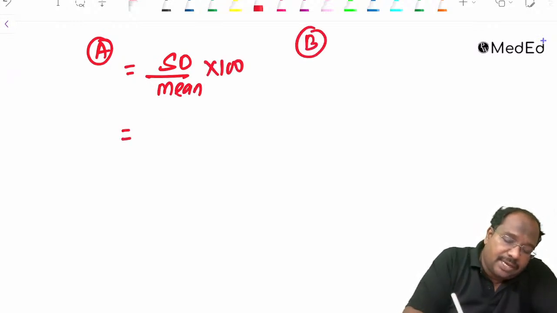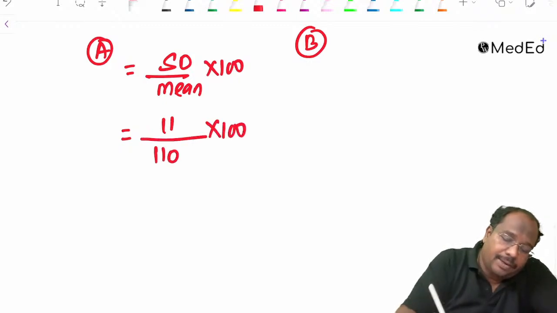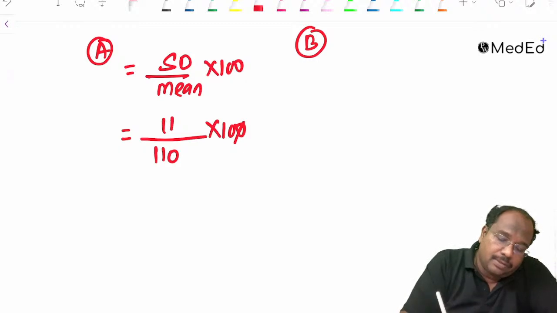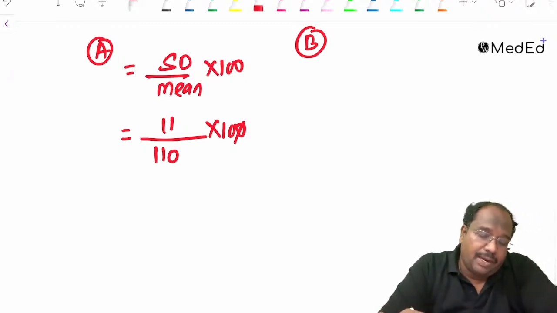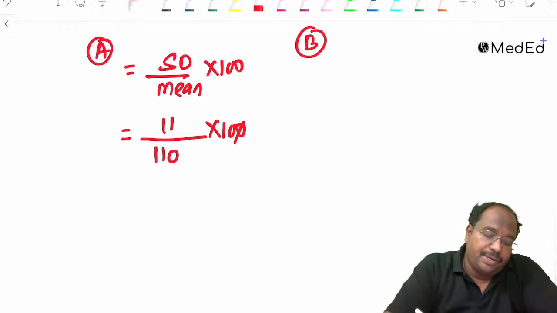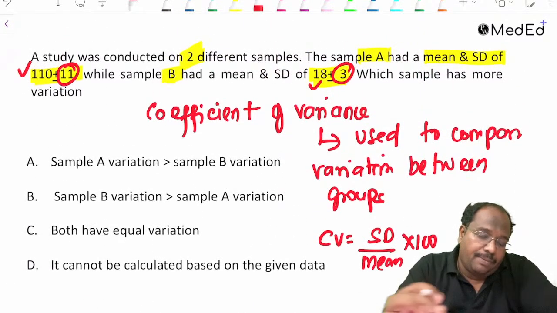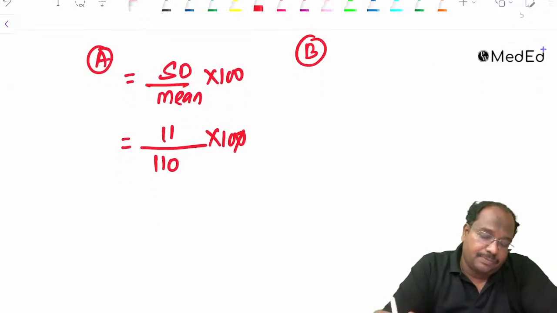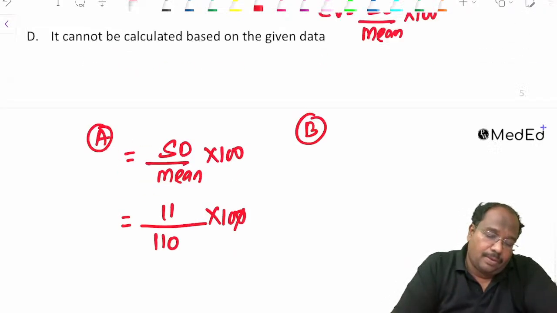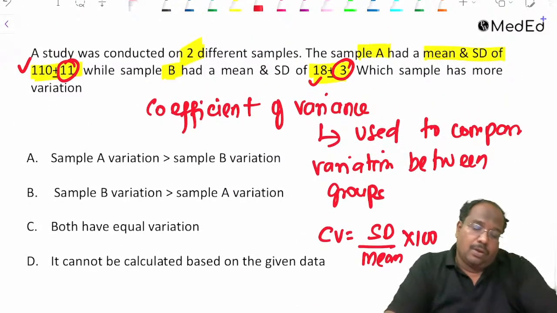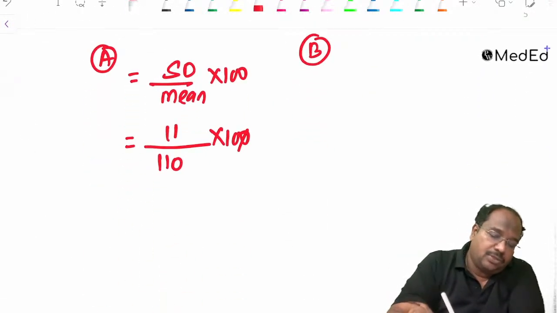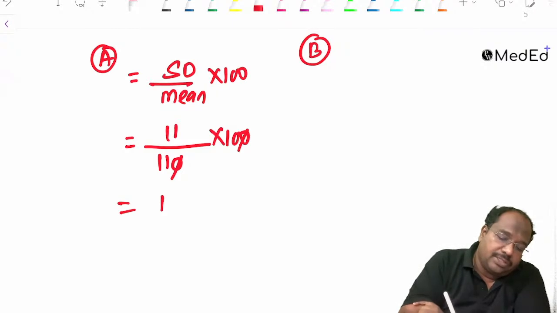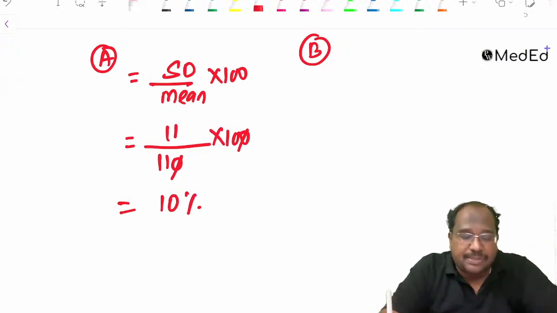So SD is 11, mean is 110, so 11 by 110 multiplied by 100. If you do the percentage, you will get 10%.